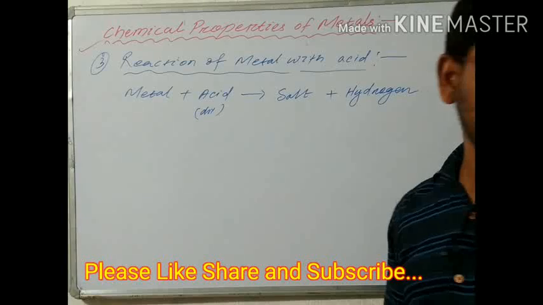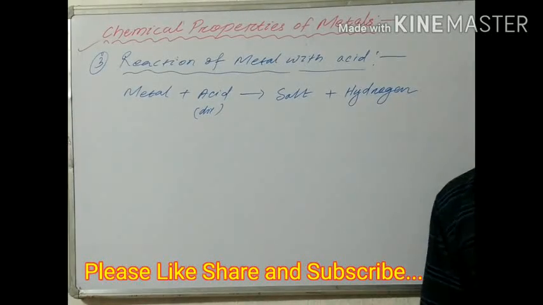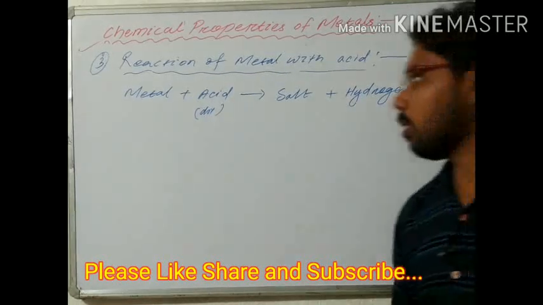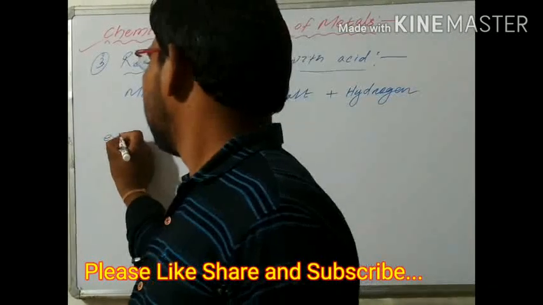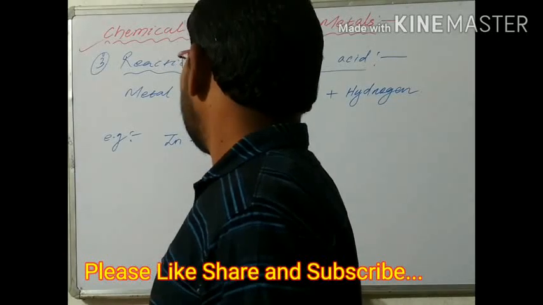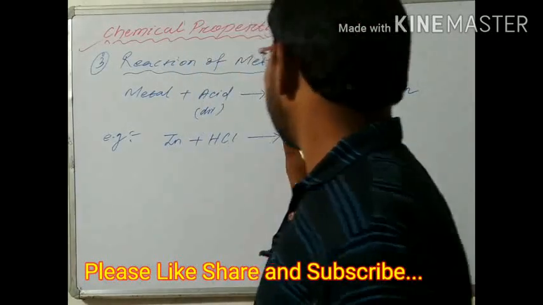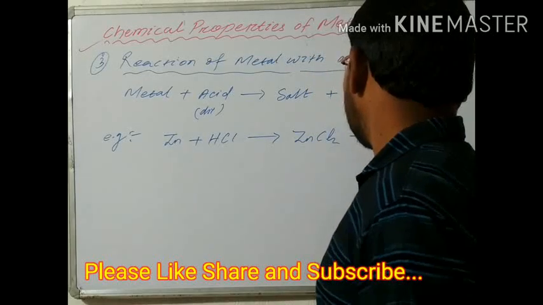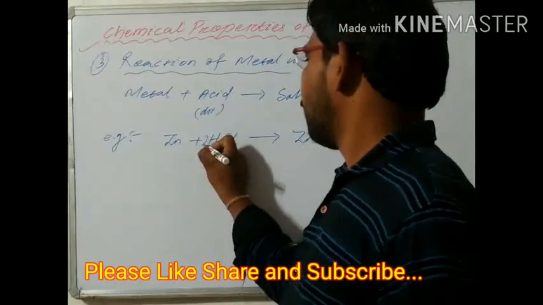Okay, when metals react with acids, they form salt. Like zinc, Zn plus acid like HCl, salt is formed, zinc chloride, that is ZnCl2 plus H2, here 2HCl.